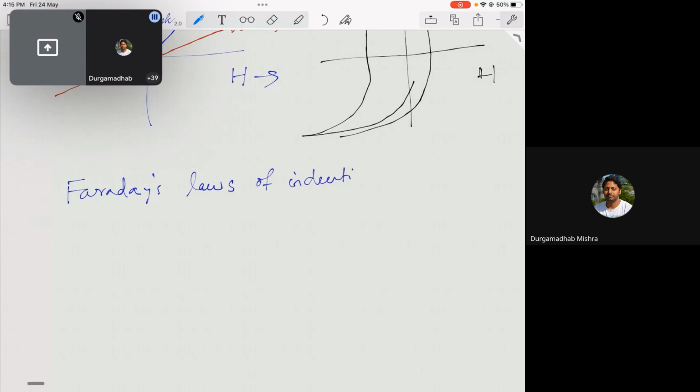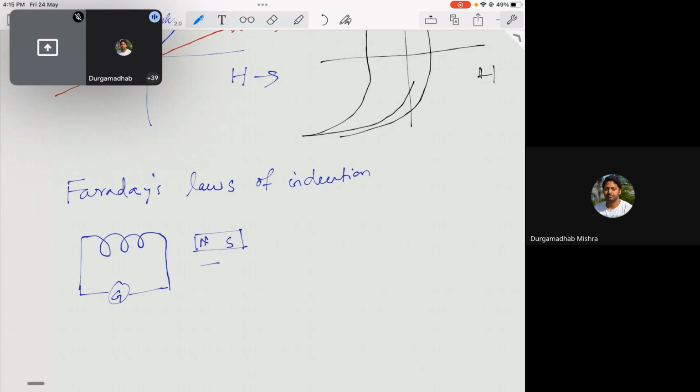The experiment is basically this: if I take a conducting loop and put a galvanometer or any ammeter, which can measure whether there is a current through the loop or not. What he did was change the magnetic field.